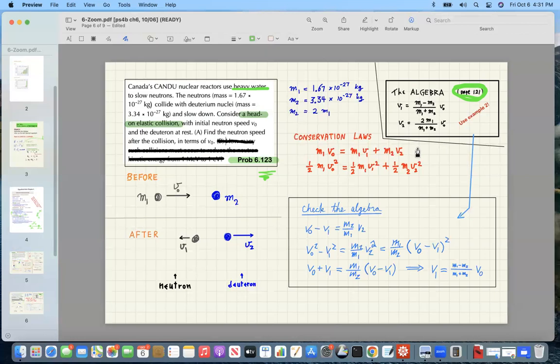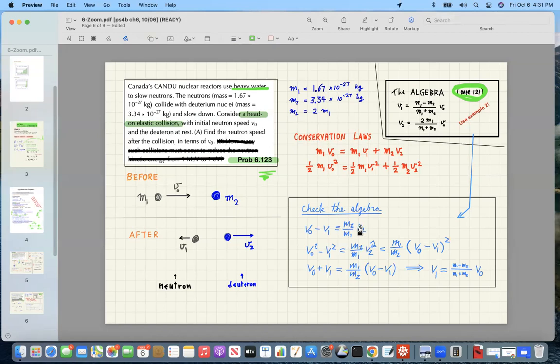So that's this equation. Now, if I look at this equation and divide out m1 and cancel all the halves, I get v0 squared minus v1 squared is m2 over m1 v2 squared, because I divided by m1.